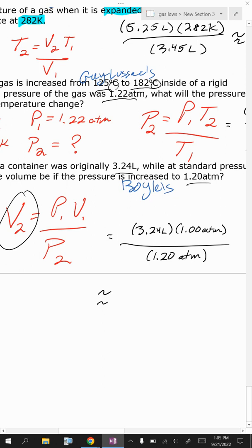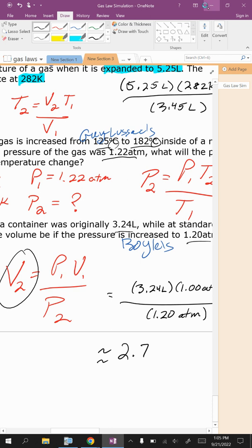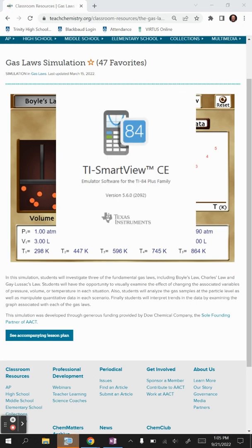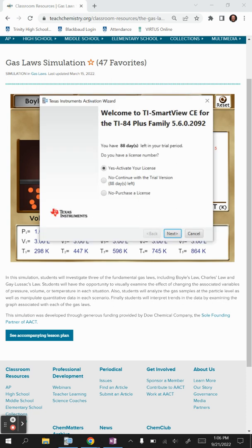And our sig figs require us to round. It's 2.7. Let me check my calculator.